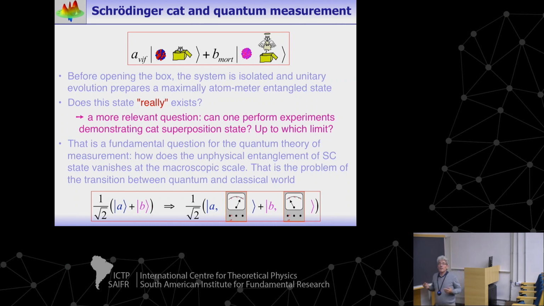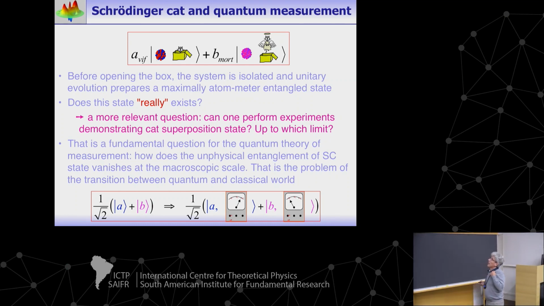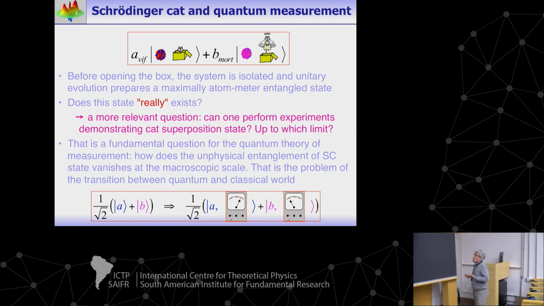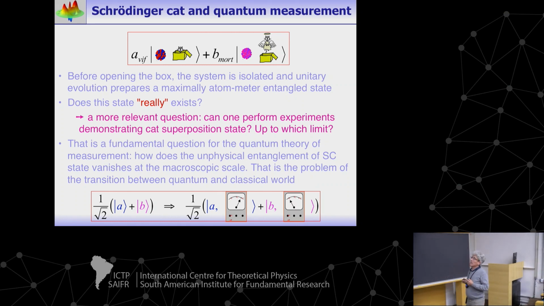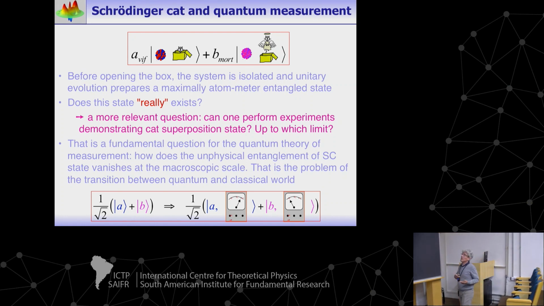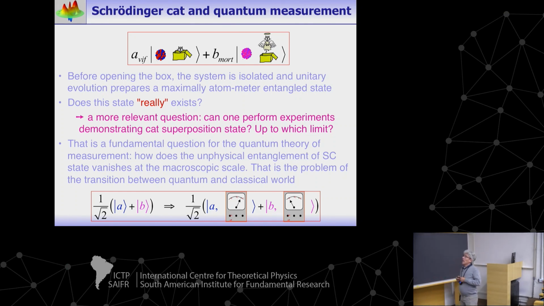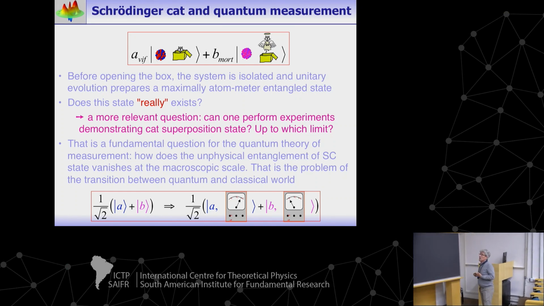Of course, this is not in accordance with our everyday experience. And indeed, one important property of this state is that it's a fully entangled state, a maximally entangled state between two systems, the atom and the cat. So we don't see it in everyday experience.